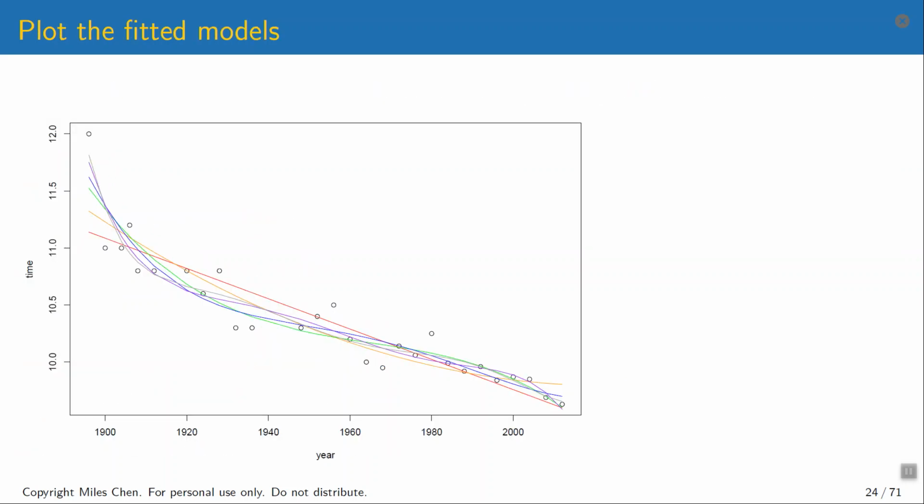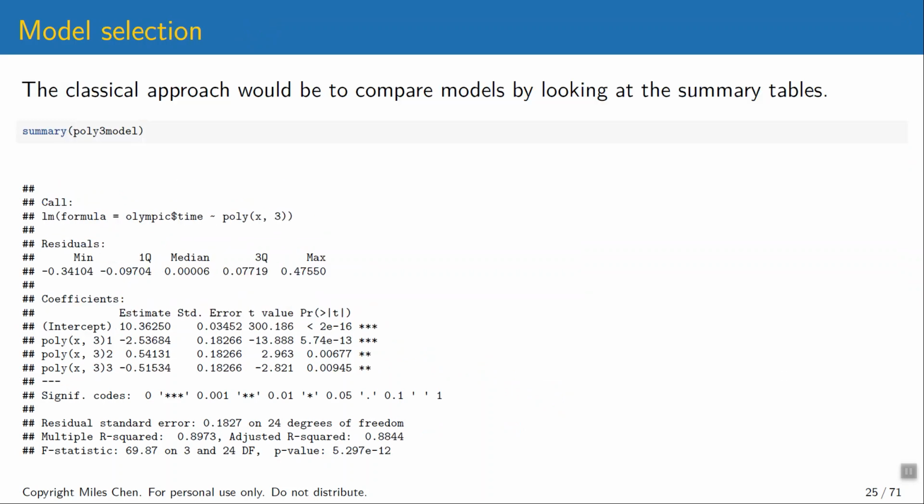If you had to look at these in your classical approach, you would ask which one's the best model. Should I use the quadratic fit, or the third order, fourth order, fifth order, or sixth order polynomial? You might ask for the summary and just look for the stars.